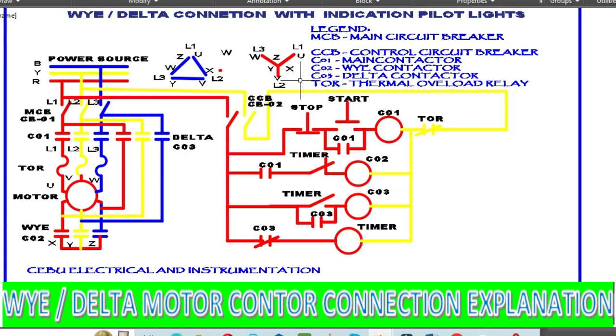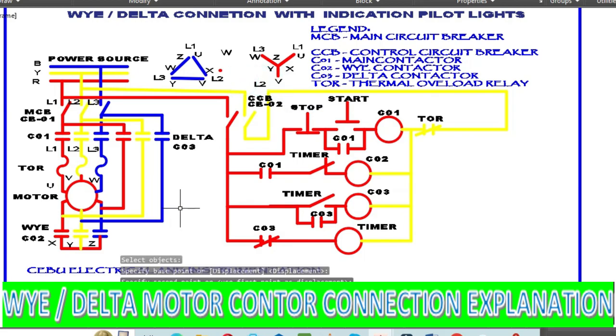This is the one you have to label, the 6 leads out, so that you can make the Y connection. So you have 6 leads out, U, V, W. To energize the induction motor for Y running, you have to close X, Y, Z. That's why the contactor here is X, Y, Z. When you start the system as Y, we have to close this Y contactor.